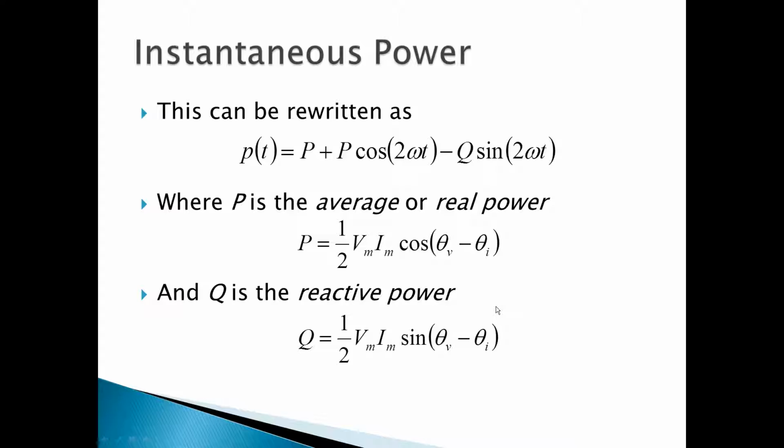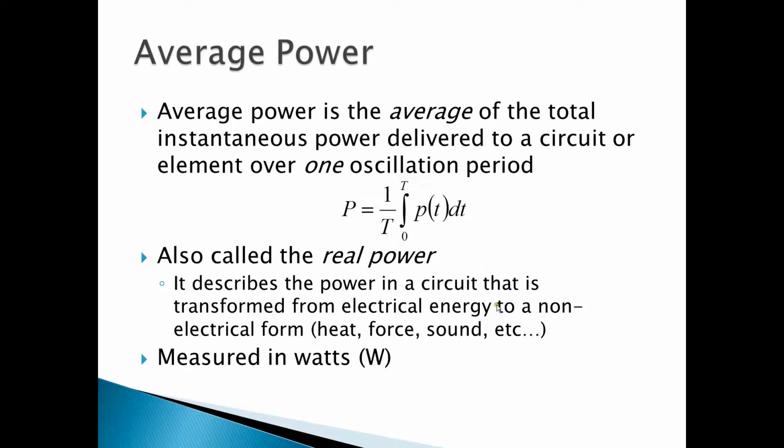Now, great, what does that mean? Well, these have some physical meaning to them. So that average power term tells us about the average of the instantaneous power that's delivered to the circuit over one period of oscillation. So what that really means is that this is the real power that is dissipated by an element, and it describes the rate at which energy is transformed from electrical energy to some non-electrical form.